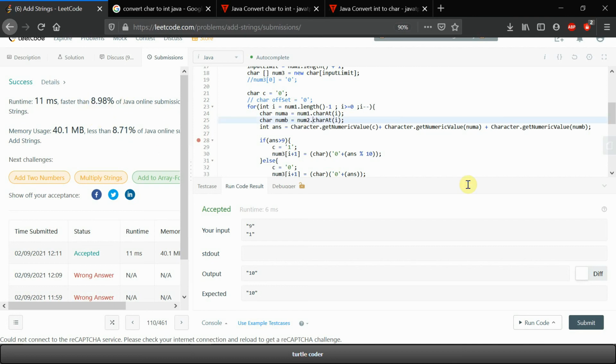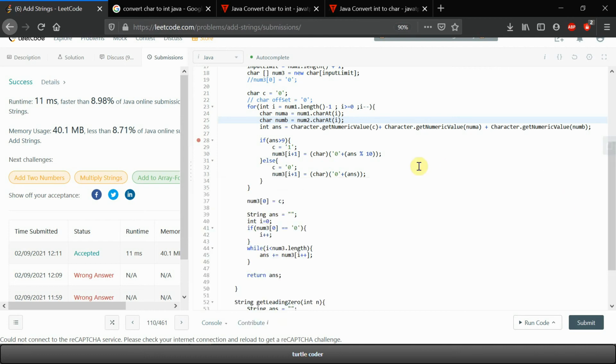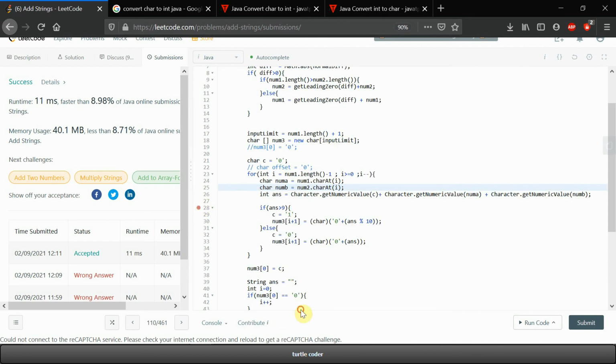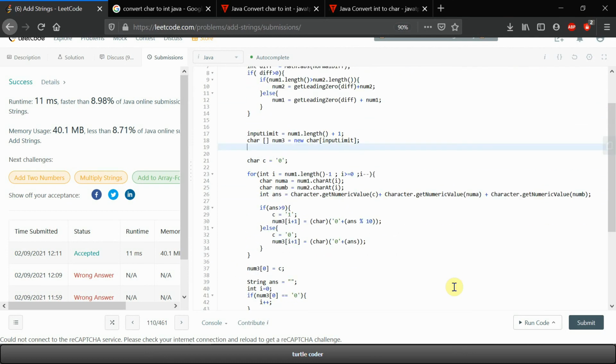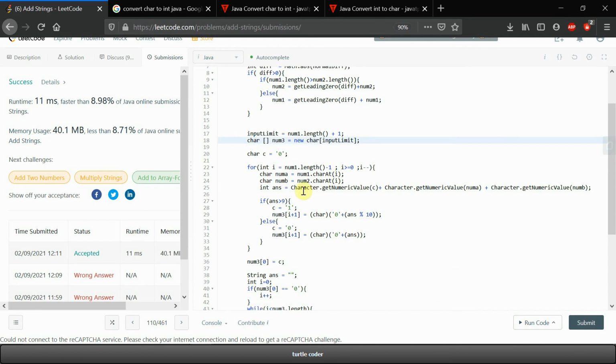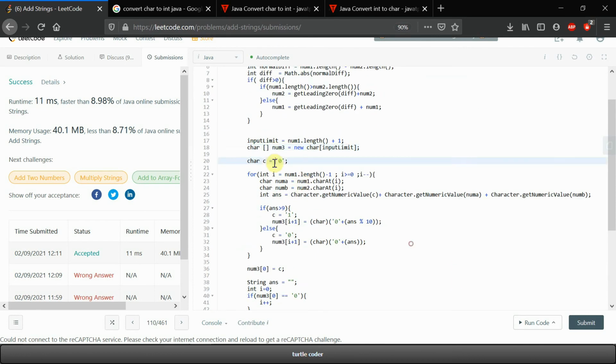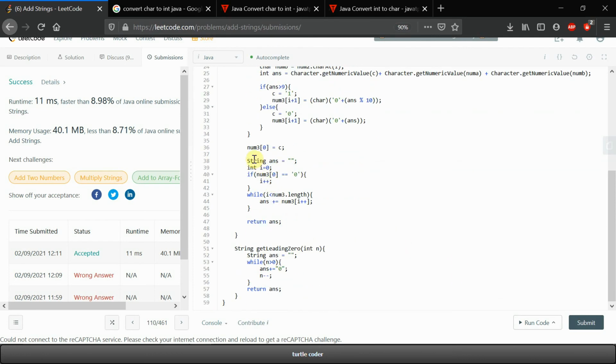But in my approach, it's a one solution because we are not iterating the things over and over again. So we don't need that one. We don't need this one as well. This is my carry.